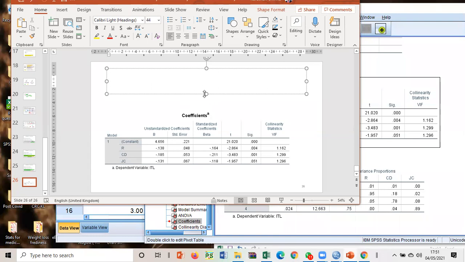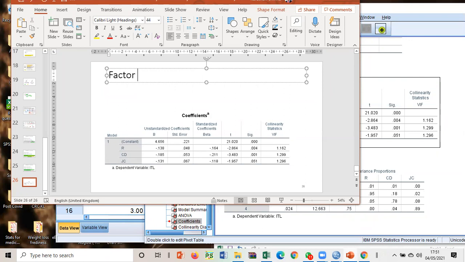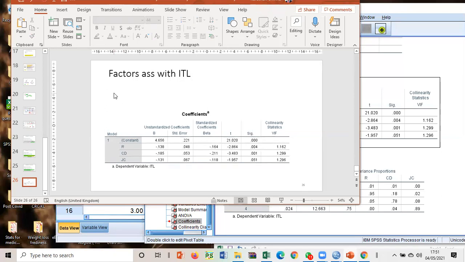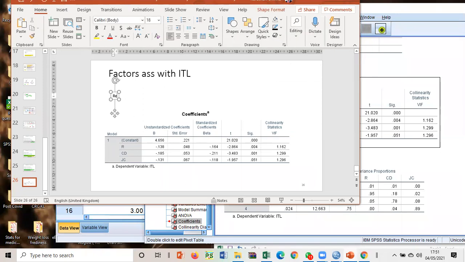The factors associated with ITL. So here what analysis? Results from regression analysis.